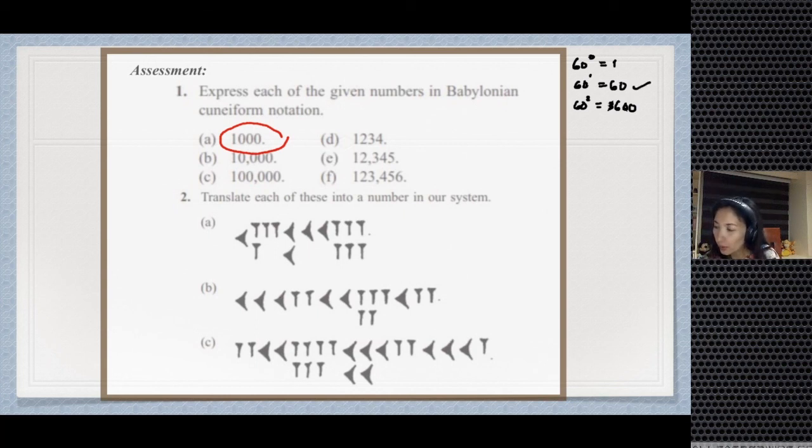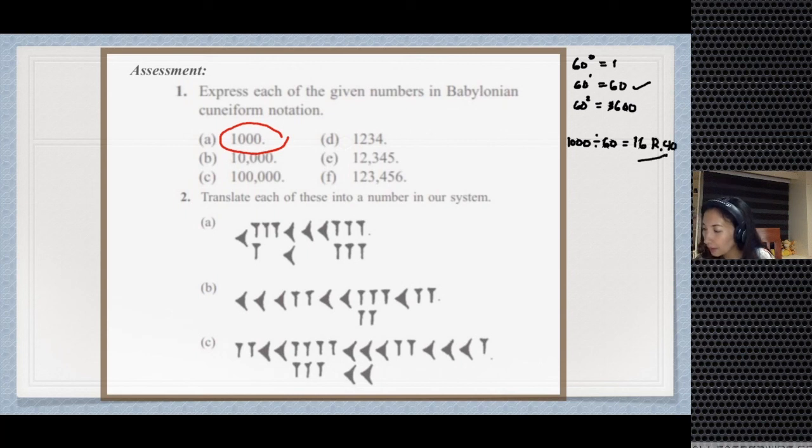So 1,000 divided by 60, what is it equal to? Let's answer together. 1,000 divided by 60 is 16, correct? 16 remainder 40.